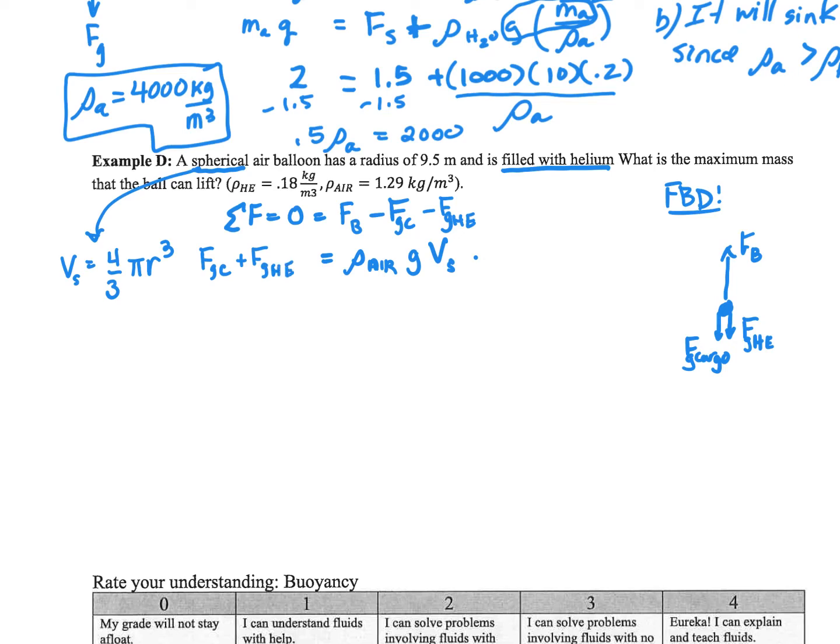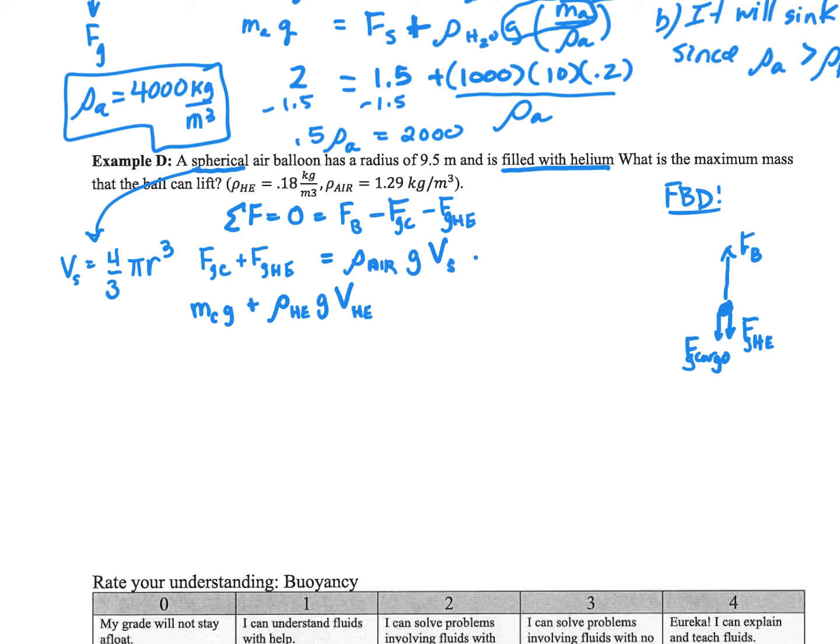Yeah. So now we've got to figure out what we want. We want to know how much the cargo is. What's the mass of the cargo? So this is going to become mass of cargo times gravity, right? We want to know the force of gravity on the helium, but we don't know how much helium is there, do we? We have to find it because we have the density and the volume: the density of the helium times gravity times the volume of the helium.